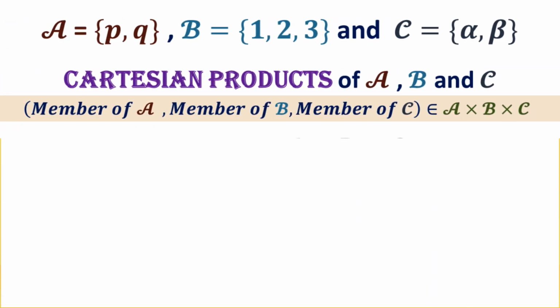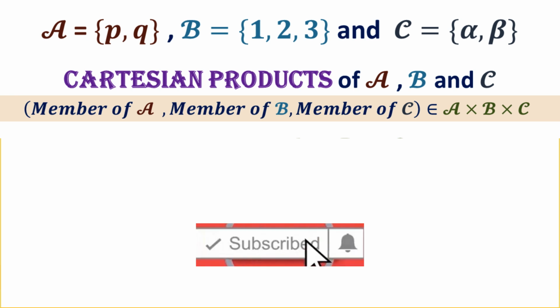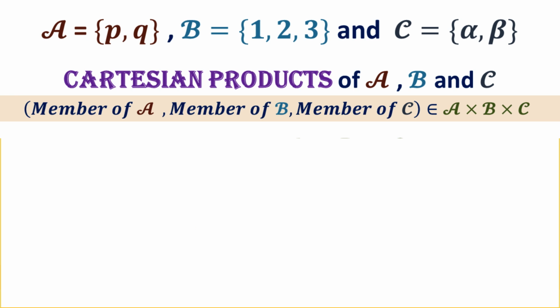Now consider another set C having members alpha and beta. Then the Cartesian product of the three sets A, B, and C is denoted by A cross B cross C. And each member of A cross B cross C is a three-tuple.